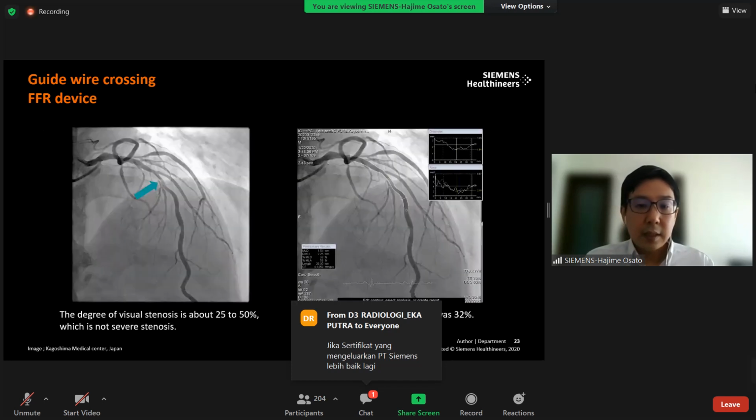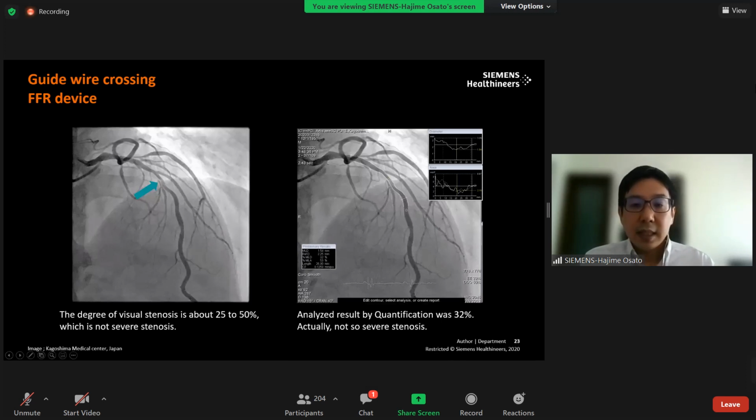So in this image here, the degree of stenosis is around 25% to under 50%. It doesn't look like severe stenosis. Actually, using quantification in this region, the stenosis rate is only 32%.